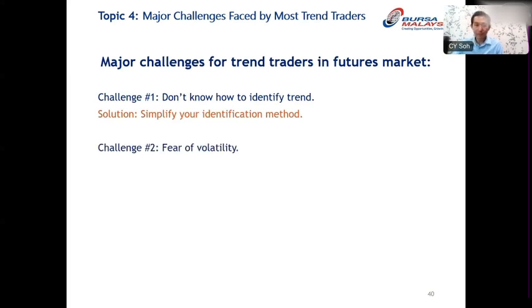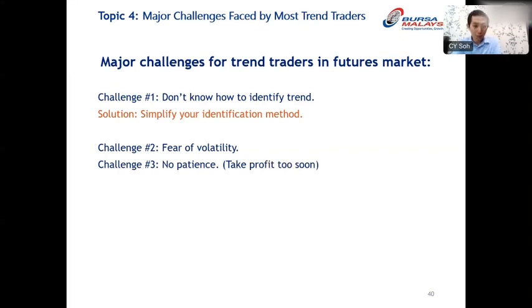Now, the second challenge, of course, some of you might say, I see just now some of you put stop loss or fear profit turn into losses. It actually falls into challenge number 2, fear of the volatility. Because with trend, right, there will be price changes.